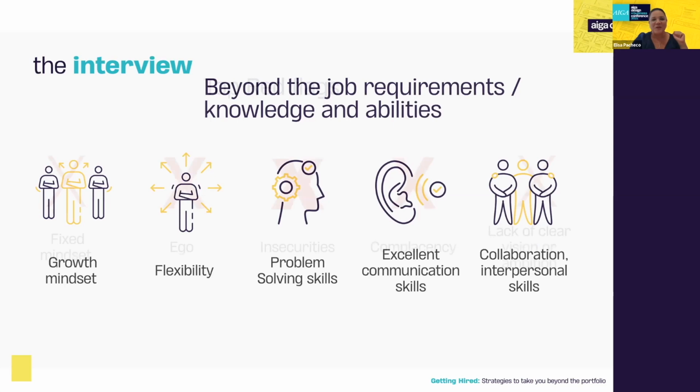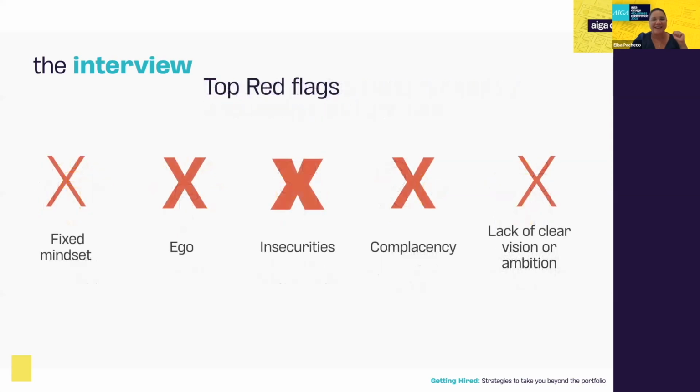Can we move forward to the red flags? Sometimes we talk about the do's and what I expect, but this has to be talked about directly as well. What are the red flags for me as HR? Fixed mindset. I really want people who find workarounds for difficulties and not someone who sees mistakes at the end of the road.